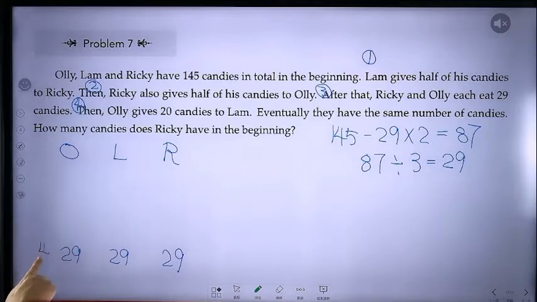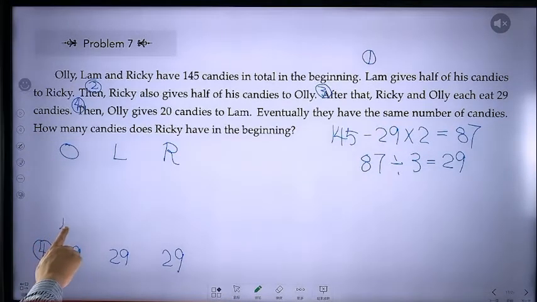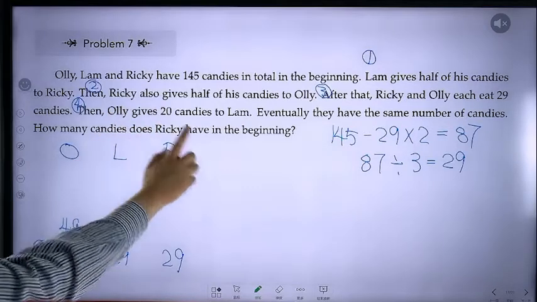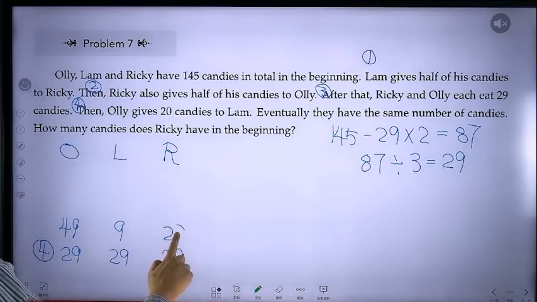So after action 4, we have 29 candies for each person. So before that, what happens? Ollie gives 20 candies to Lam. So Ollie should have more before this action. So it should be 49, right? Because he gave out 20. And Lam actually only had 9. And then that is 29. So that is step 4.